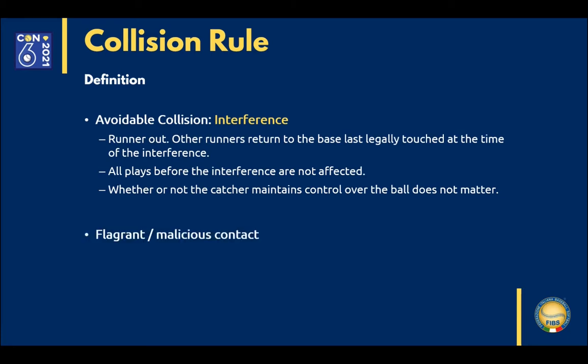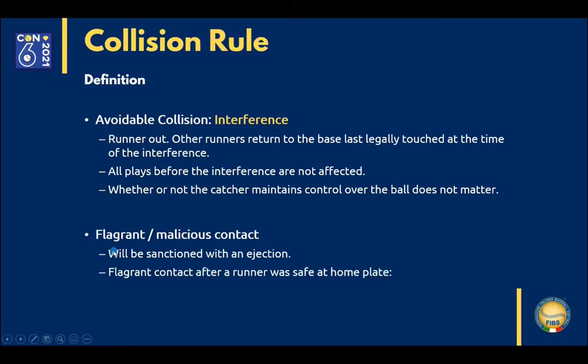In case this avoidable collision is accompanied by flagrant or malicious contact, this will be sanctioned with an ejection. So it's kind of unsportsmanlike conduct in this case. Flagrant contact after a runner was safe at home plate: just imagine the runner steps on the plate, then does a flagrant contact to the catcher just after touching home plate.